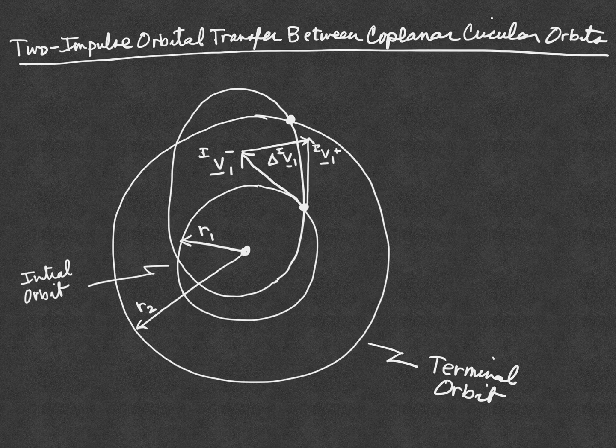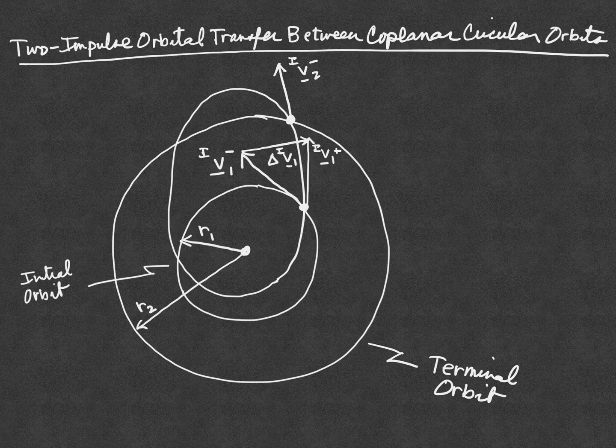Now similarly, when I intersect the second orbit, or the terminal orbit, I'm on the transfer orbit, and the velocity has to be tangent to the transfer orbit, and that velocity is v2I minus.